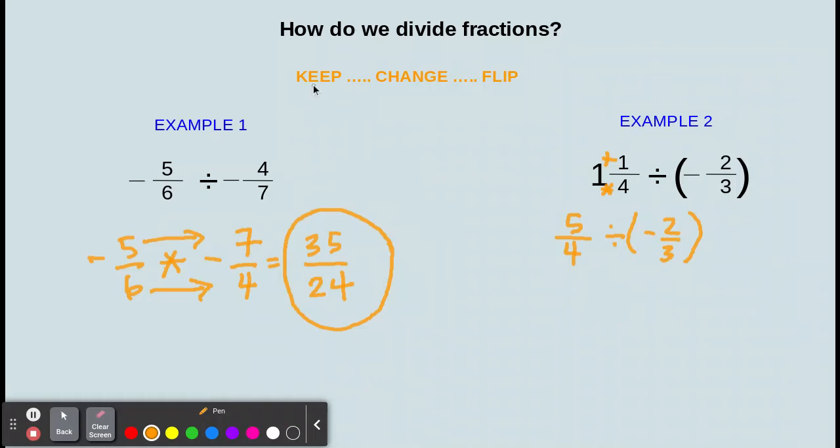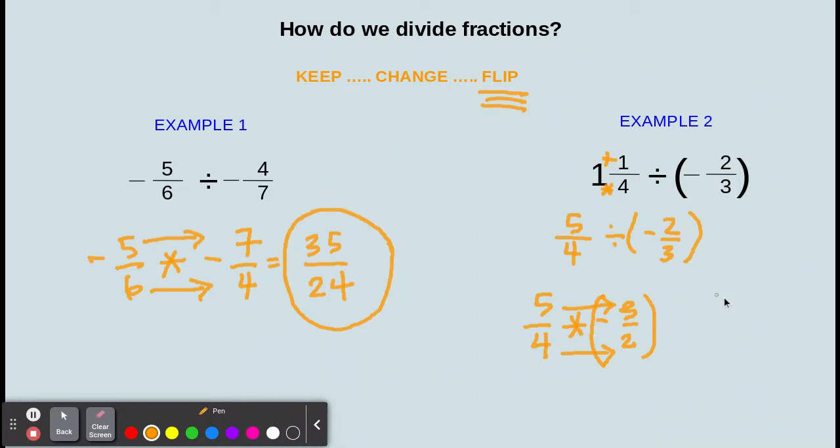We need to apply our rule of keep, change, flip. That means keep that one the same, change our division to a multiplication, and flip our final fraction. Top goes on bottom, bottom goes on top. Okay, and then with multiplying fractions, we just multiply straight across.